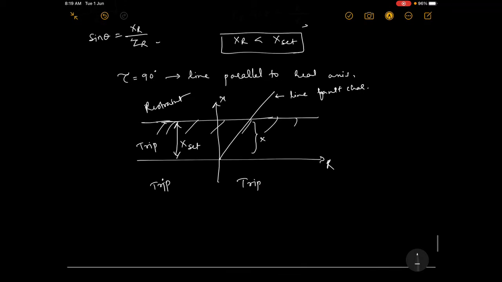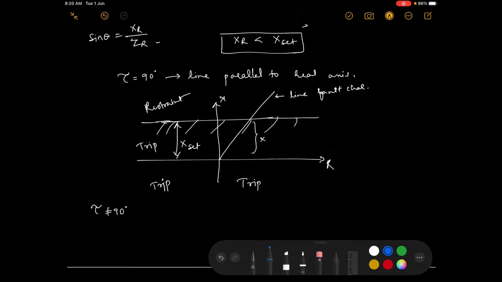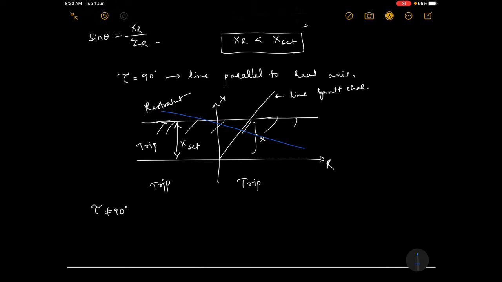Now if tau is not equal to 90, see, we have considered that tau is 90, but what if it is not 90? If it is not 90 degree, then this will not be a straight line parallel to R axis, it will be something like this.